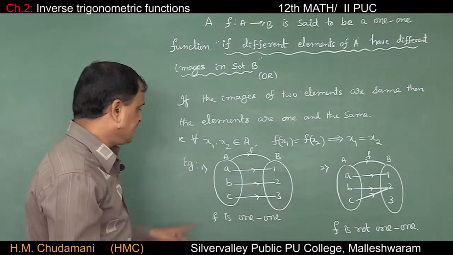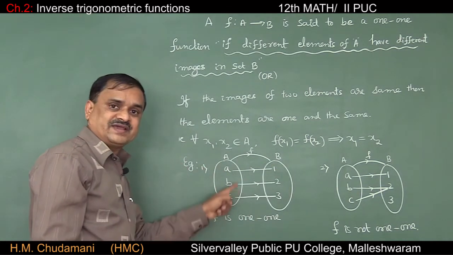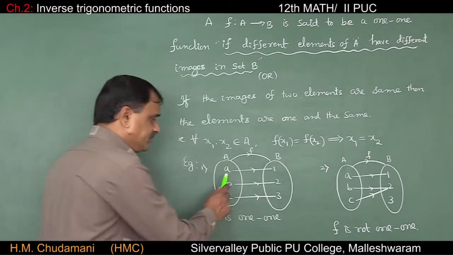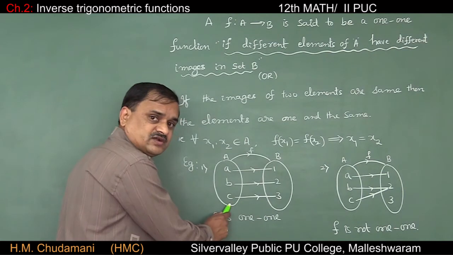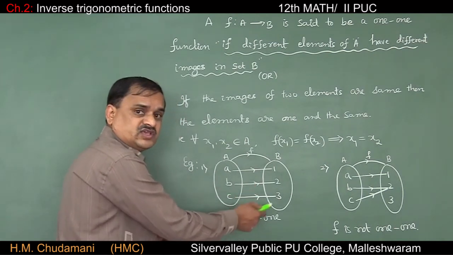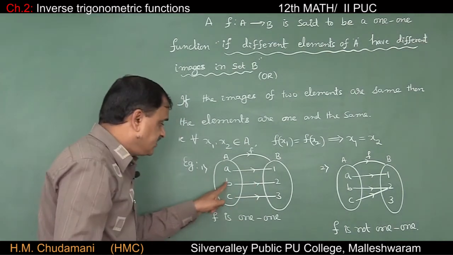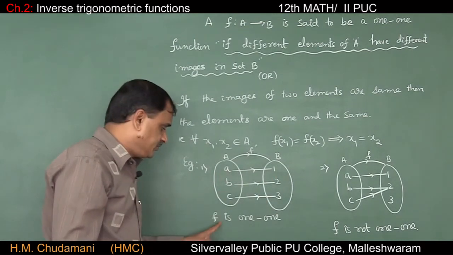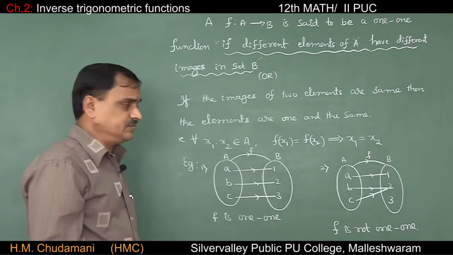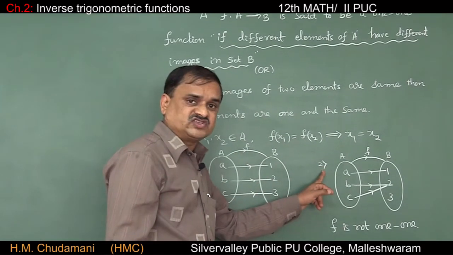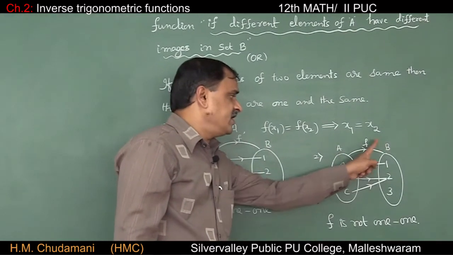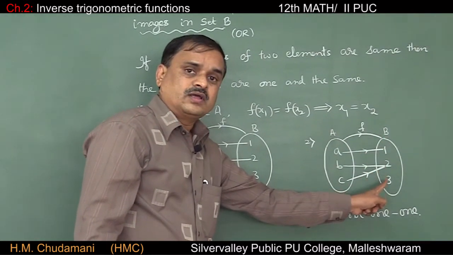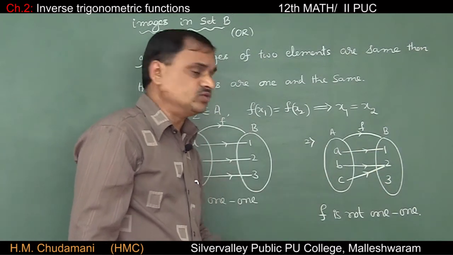Okay, let us take an example. The set A consists of A, B, C and the set B consists of 1, 2, 3. So each and every element associated to a unique element, isn't it? Different elements of the set A have different images in set B. Therefore, F is 1-1 function. Take another example, F from A to B. The set A consists of A, B, C and the set B consists of 1, 2, 3.